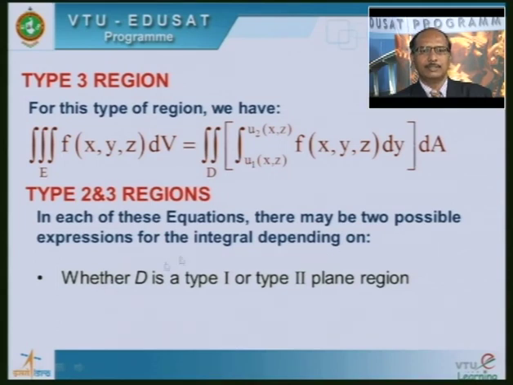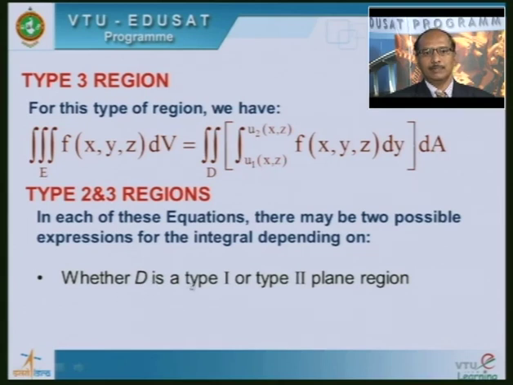I told you D is either type 1, type 1 meaning as in the double integral. D is a region in a plane, maybe the xy plane, maybe the yz plane, maybe the zx plane, depending on the three main types. If D is in the xy plane, there are two types of double integrals.